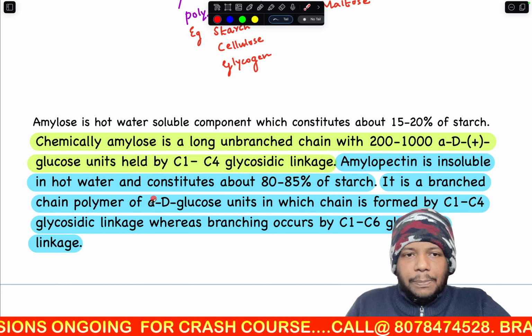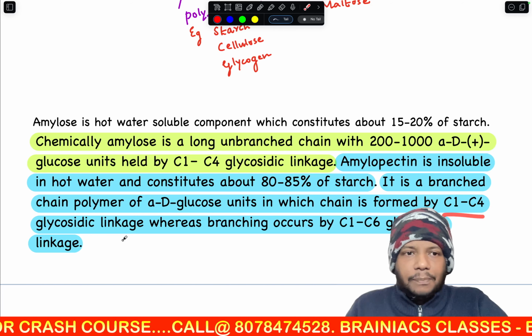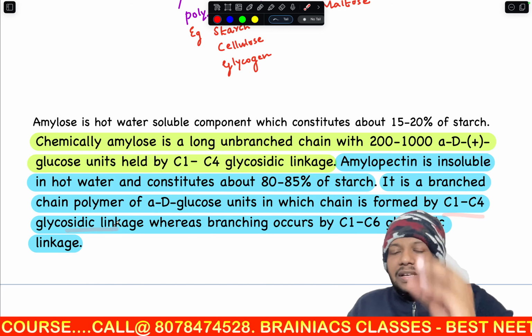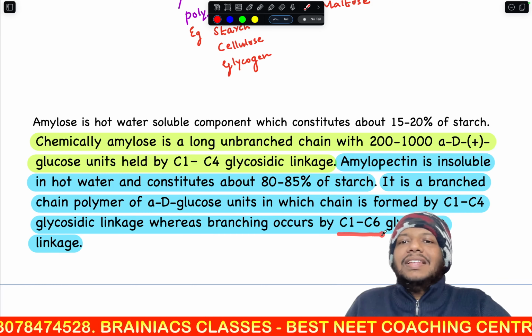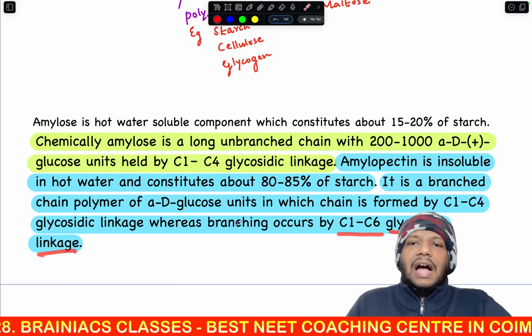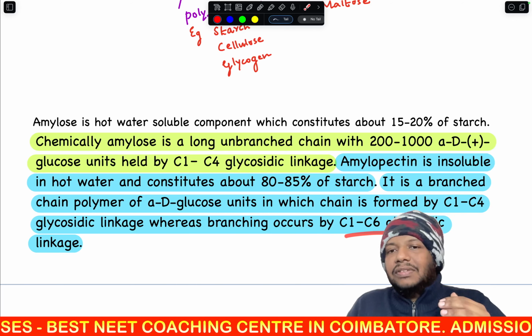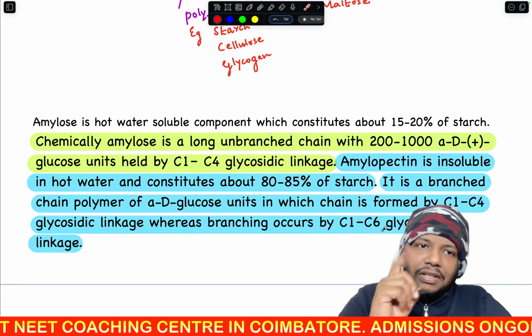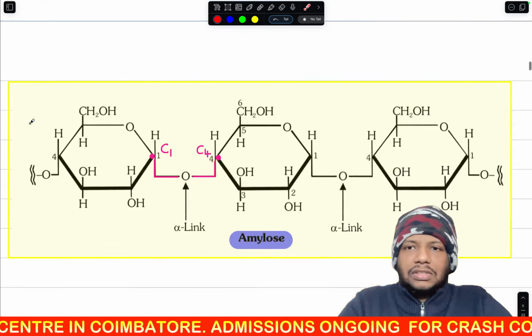It is also made up of alpha D glucose units held together by C1-C4 glycosidic linkage, but the branching occurs due to C1-C6 glycosidic linkage, and this C1-C6 glycosidic linkage is absent in where? Amylose.